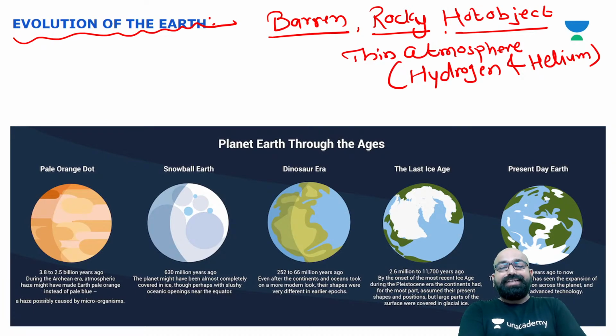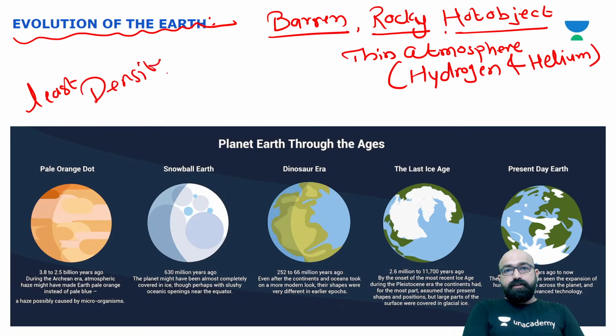Now the earth has a layered structure from the outermost end of the atmosphere to the center of the earth. The material that exists is not uniform, and the atmospheric material has the least density.